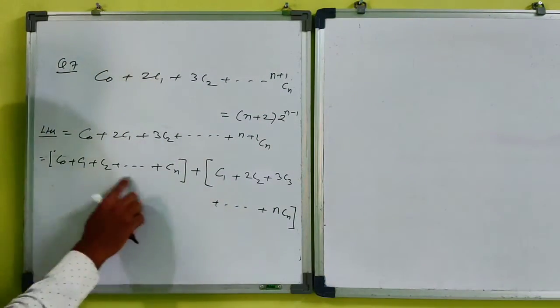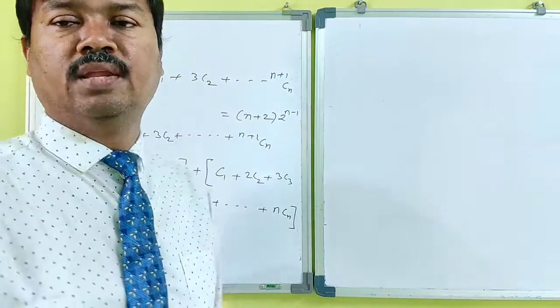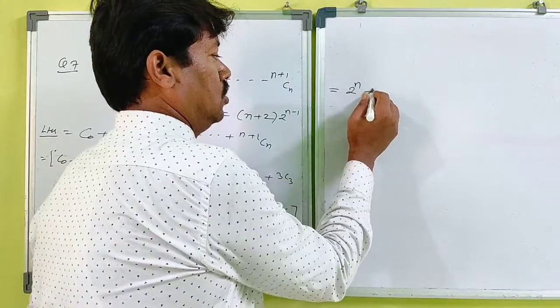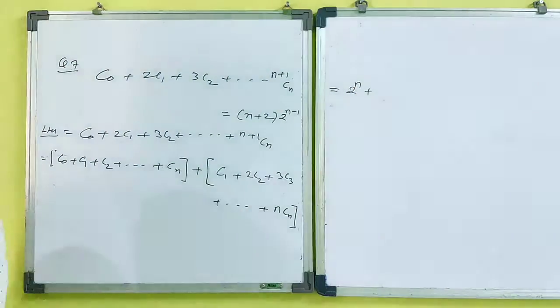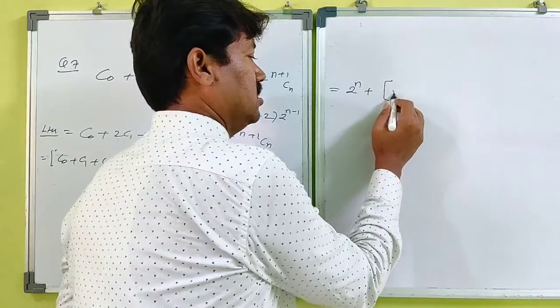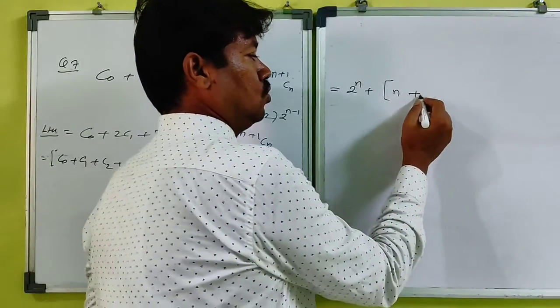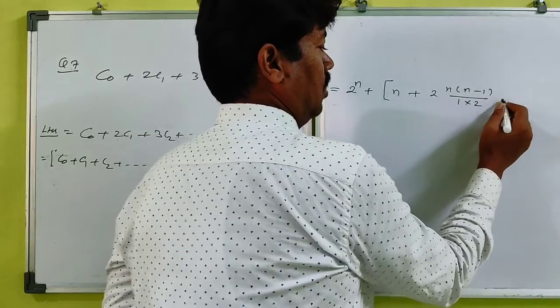Now what is the value of this? C0 plus C1 plus C2 plus C3 up to Cn, the value of that is 2 raised to n. And what is C1? C1 is nothing but nC1, so that is n. 2C2 is nothing but 2 into n(n minus 1) over 1 into 2.